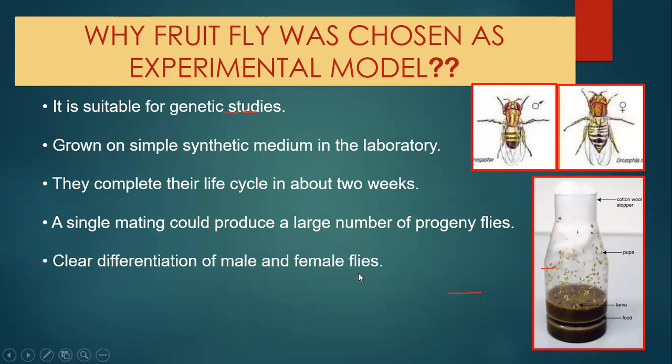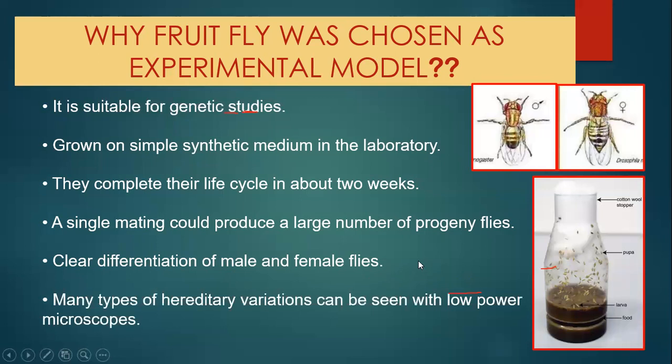There is also clear differentiation of male and female flies. Many types of hereditary variations can be seen with a low power microscope. Whatever variations he wanted to see were easily observed under a low power microscope. No high tech microscope was required.